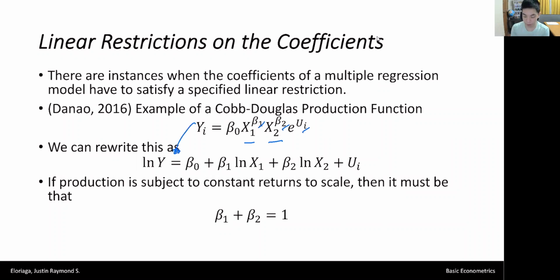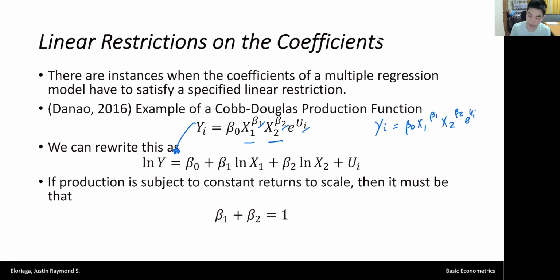Right now, if we see the regression model in this format, it doesn't satisfy the assumptions that we place on a CLRM because the betas that we have here are not raised to 1. So how do we transform this model in such a way that our betas will be linear and raised to 1?